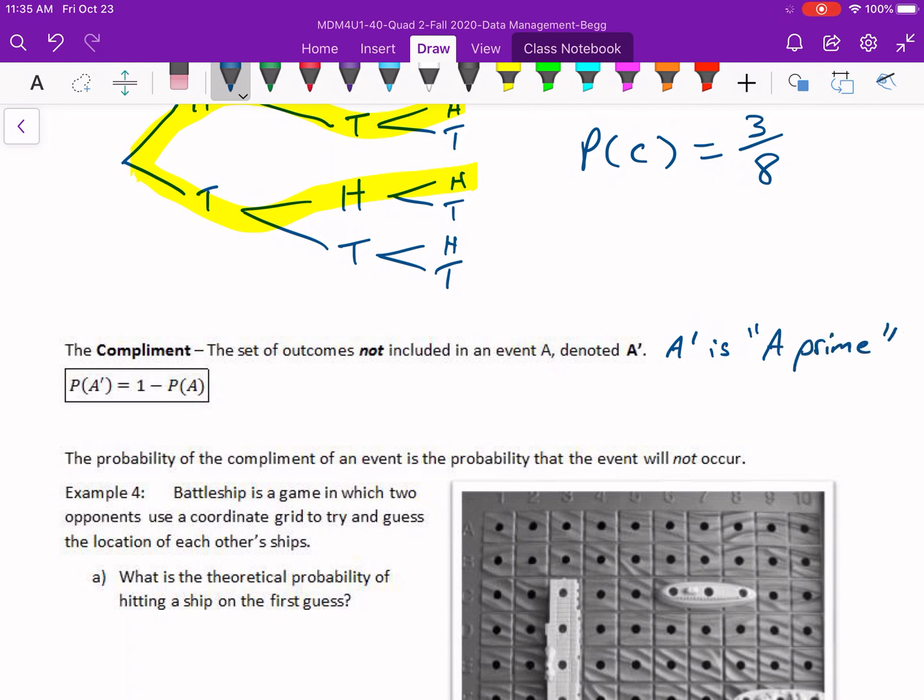That's how we say it. So when I talk about A prime, you'll picture A with an apostrophe beside it. And so it's the complement. So the complement is the outcomes not included in event A.